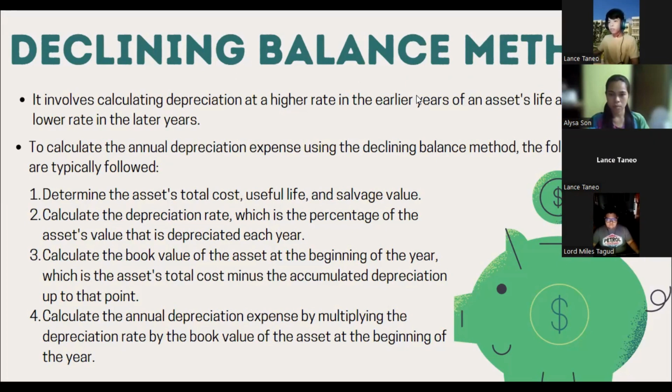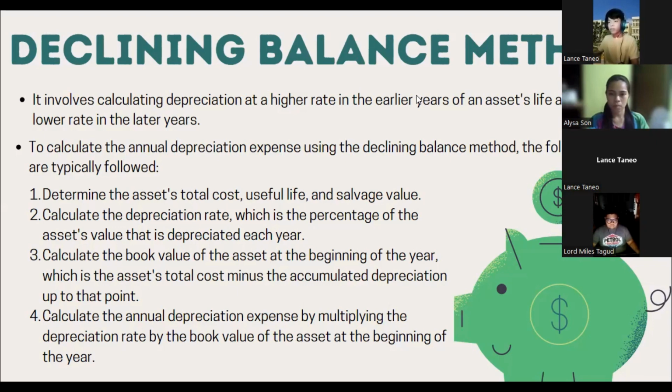To calculate the annual depreciation expense using the declining balance method, the following steps are typically followed. First, we must determine the asset's total cost, useful life, and the salvage value. The second step will be calculating the depreciation rate.